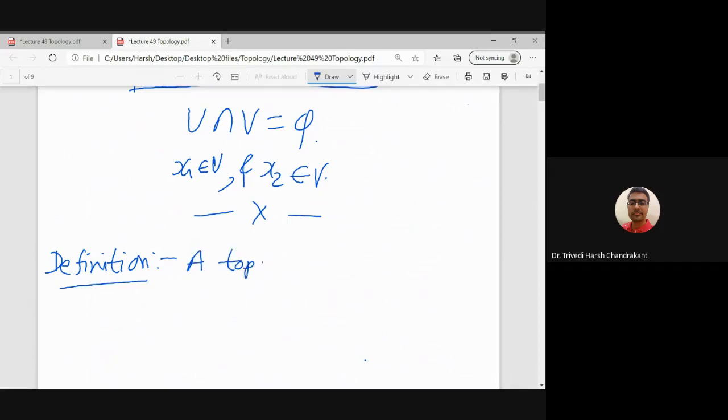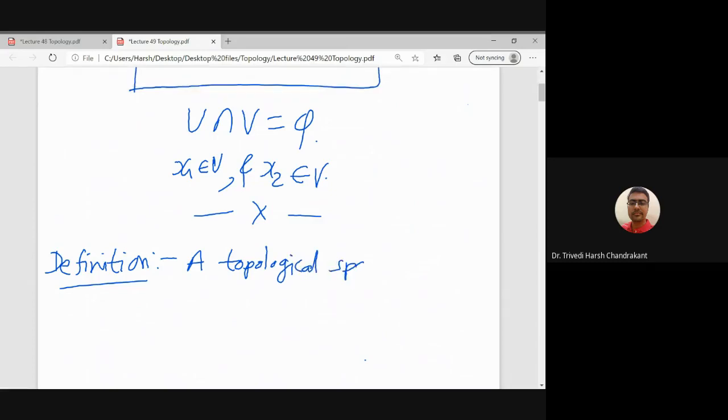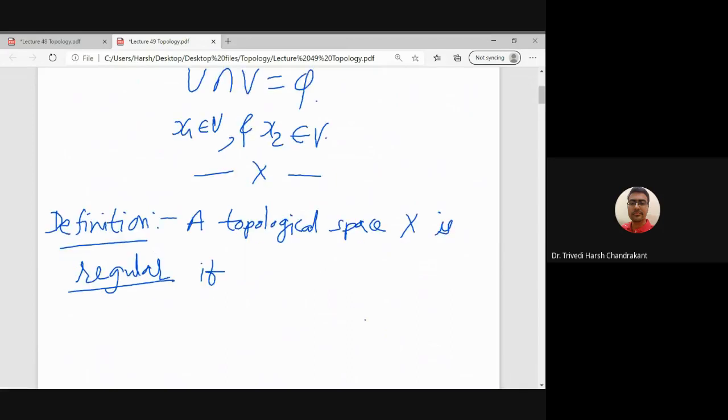A topological space X is called a regular space if it satisfies the following two properties.